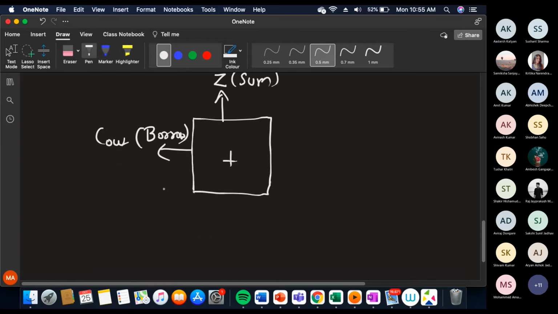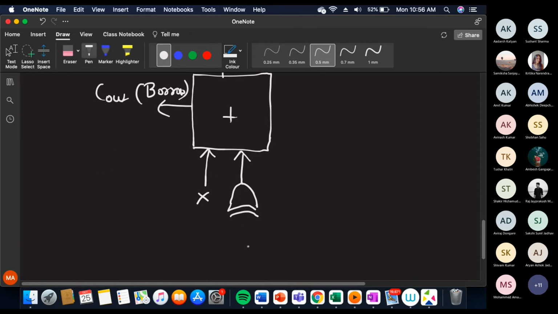The two inputs which are given to this adder: one of the inputs is X. The other input that we give to this adder is not directly, but through an XOR gate. You will very soon understand why we require this XOR gate.